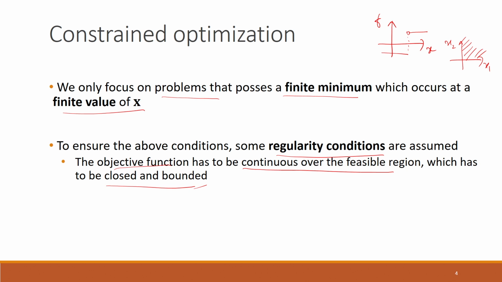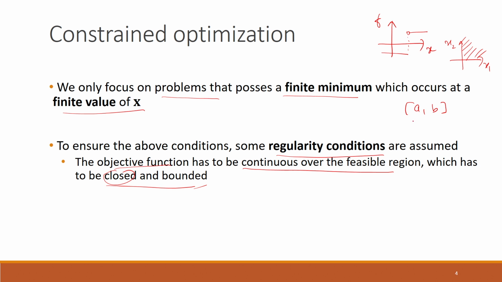The other thing is that this feasible region has to be closed. What does closed mean? An example of a closed feasible region is, in a single dimension case, suppose a function is only varying with x. Then an interval like this, [a, b], with square brackets, if this is the feasible region of that problem, then this is a closed feasible region.